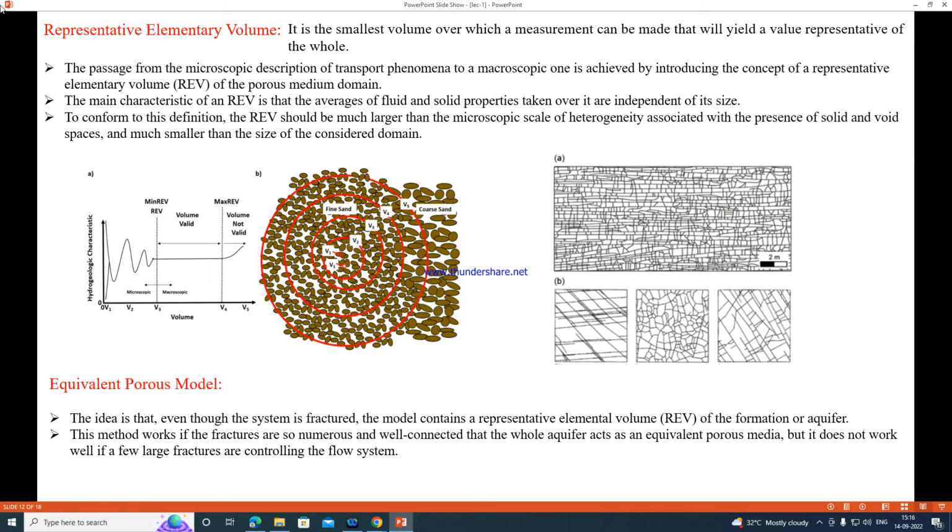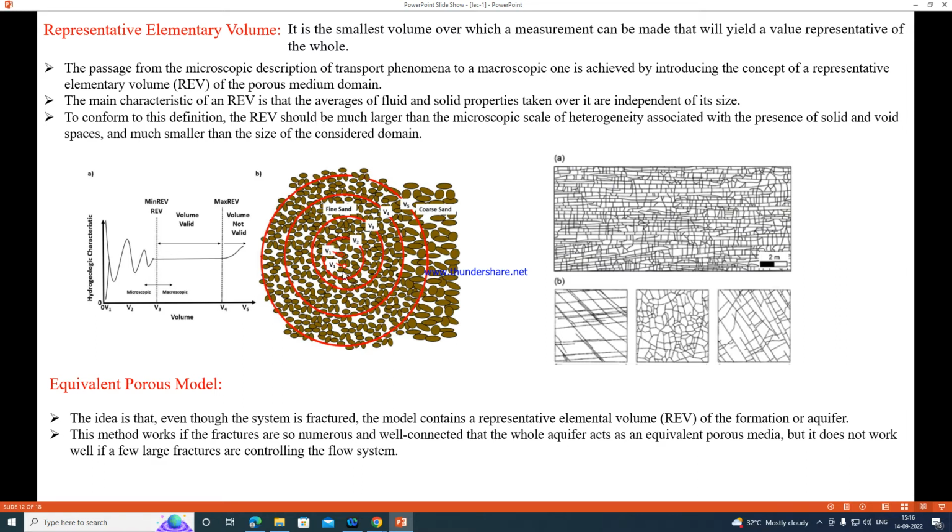There comes this concept, the representative elementary volume. It will help to describe your aquifer in a minimum volume. The storage or transmitting properties of that volume will represent the entire region of your study area.